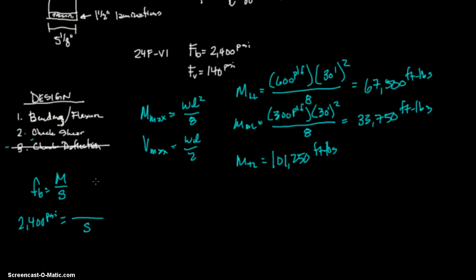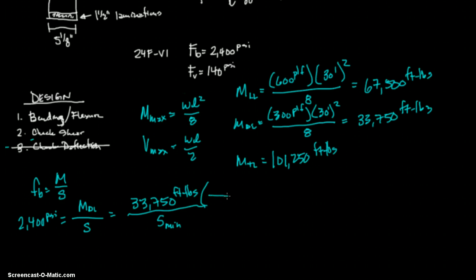Alright. And let's do dead load only. Let's do M dead load. So this is dead load only, meaning we're not going to increase our capacity at all. Foot-pounds. Remember, S is S minimum, because anything higher than that's alright. And this is going to be in inches cubed, so we want to get this to inches.